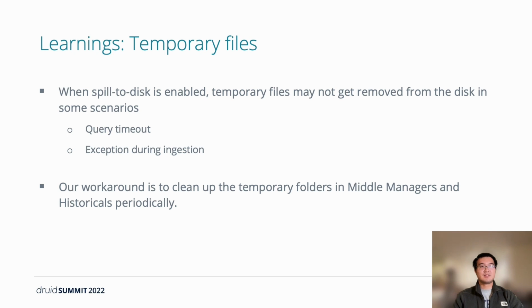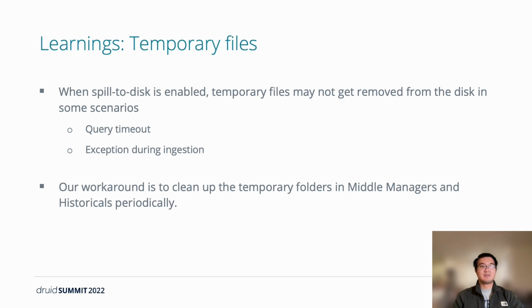Another thing we learned is about temporary files. When spill to disk is enabled, the temporary files may not get removed from the disk in some scenarios. For example, when you are running a very heavy query and the query times out, the temporary files from that query will remain on the historical.